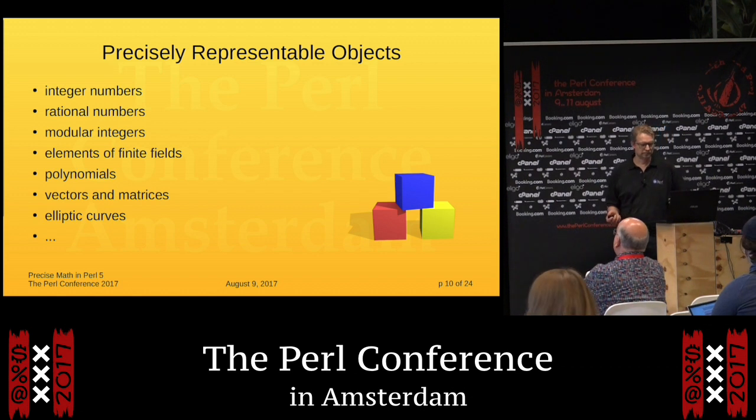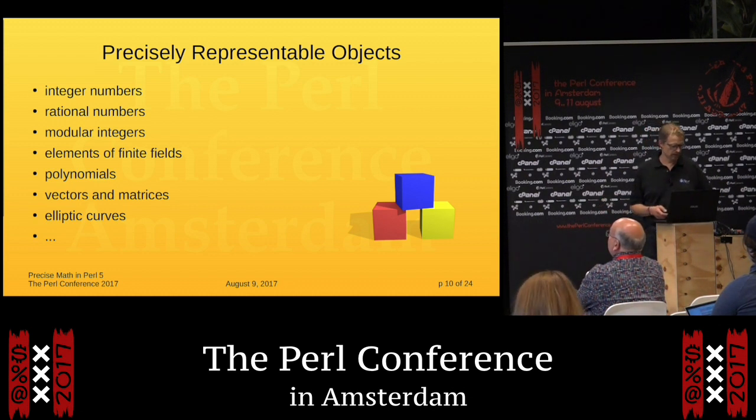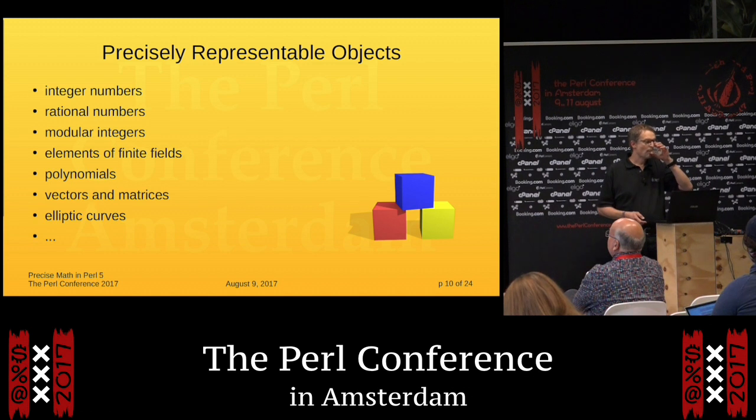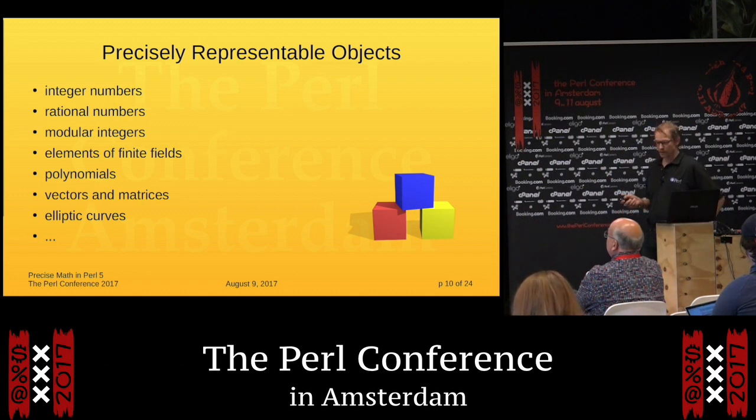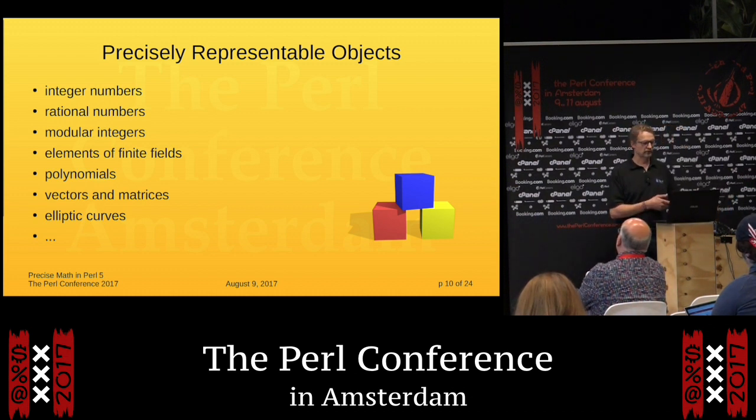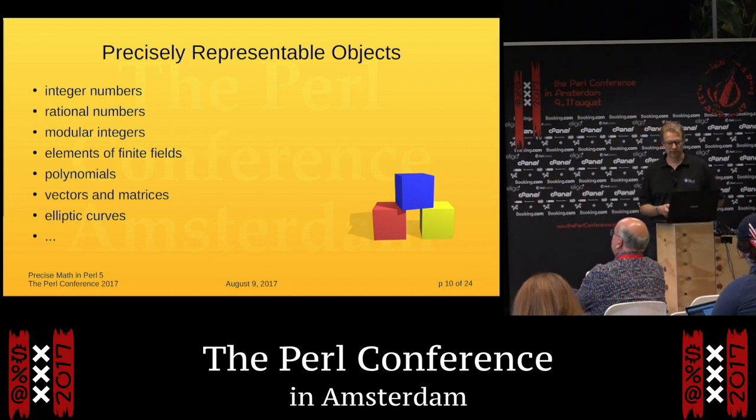Then we can take a look at elements with finitely many instances, all sorts of them. And these, in turn, we can take as coordinate space for structures that are built on top of them, like vectors, matrices, elliptic curves, projective planes, you name it.